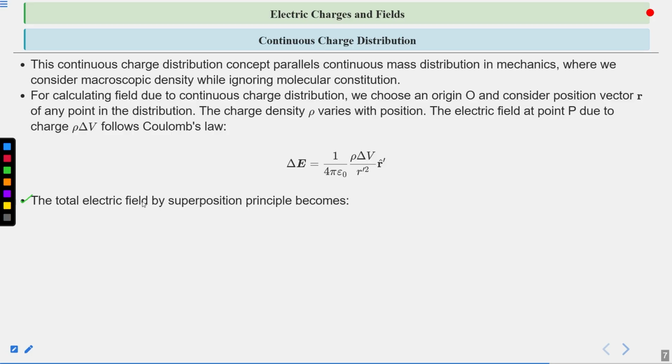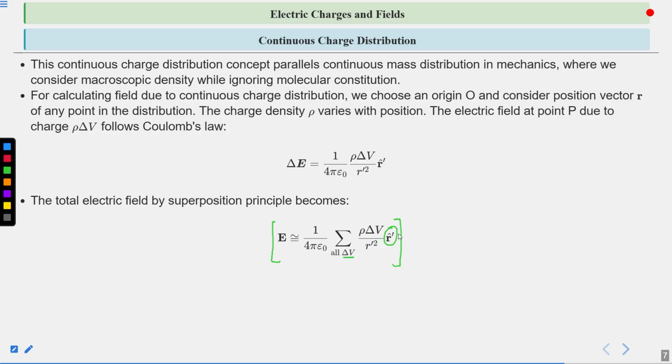The total electric field by the superposition principle becomes this, and this is important. E is approximately 1 upon 4 pi epsilon naught, summation over all volume, all delta V, of rho delta V divided by r prime square, r prime cap, where r prime cap shows the direction.